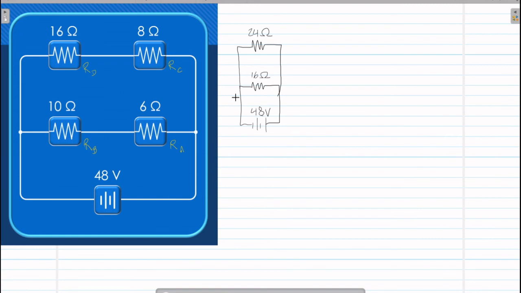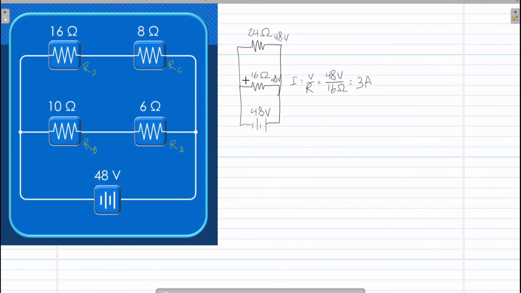Now, we know that the voltage across each branch, or the potential difference across each branch, is going to be 48 volts. So we can use that information and Ohm's law to determine what the current across each branch will be. Across the first branch, the current will be equal to V divided by R, which is 48 volts divided by 16 ohms. 48 divided by 16 is 3 amps.